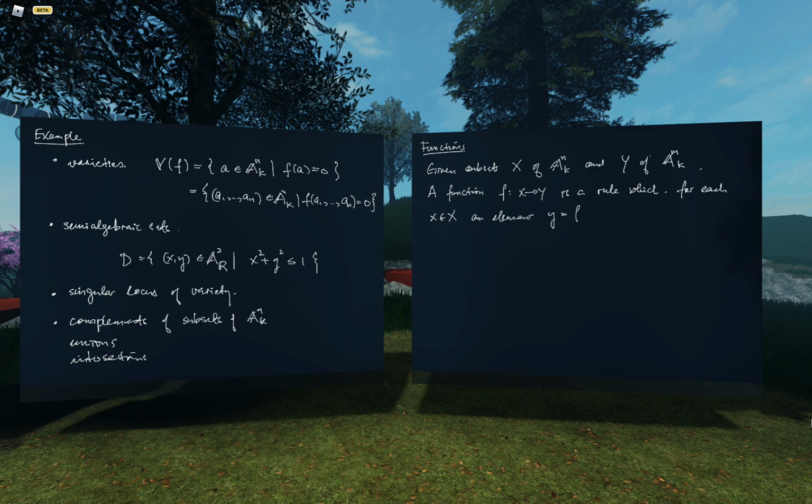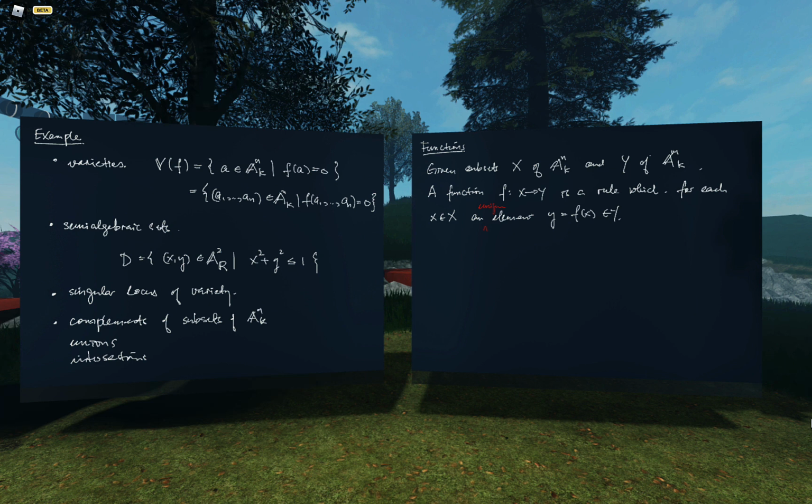And in fact, it's going to be a unique element: there's only one value for each value of x. And for every x, this function is defined, so there are no elements of X that you can't evaluate f on. f has a value on every element of X.